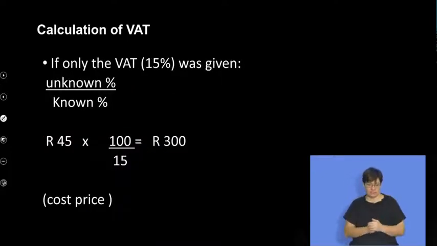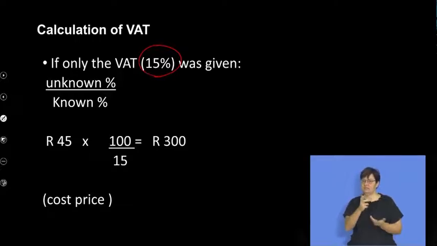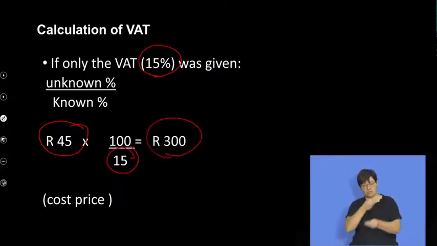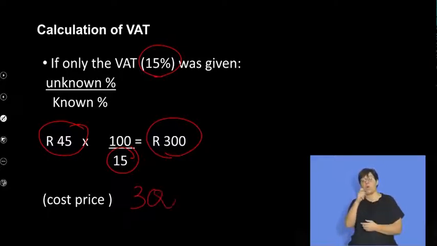Watch this here. You are told that the VAT amount at 15% was given. That means the 45 Rand was the VAT amount. Okay? So that was your 15%. Over 100 divided by the 15. Can you see? You're dividing by your known. Your known is 15%. Therefore, the transaction value or the cost price would be the 300 Rand.